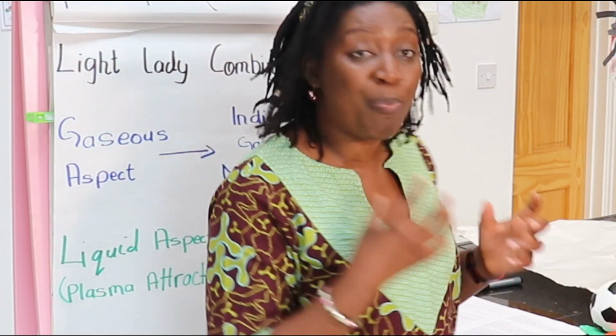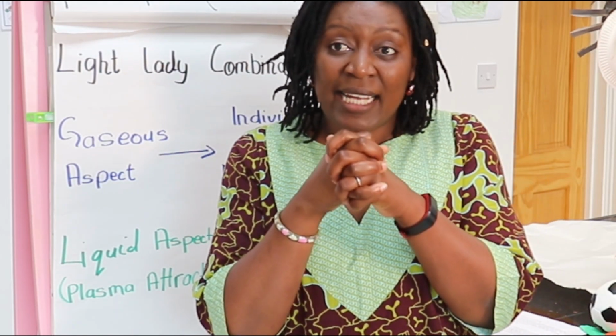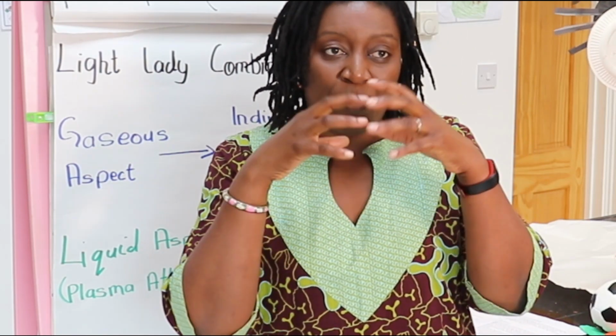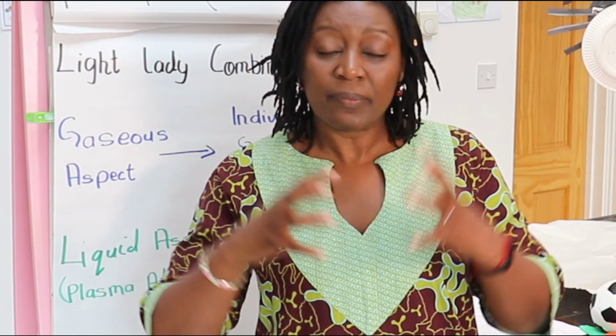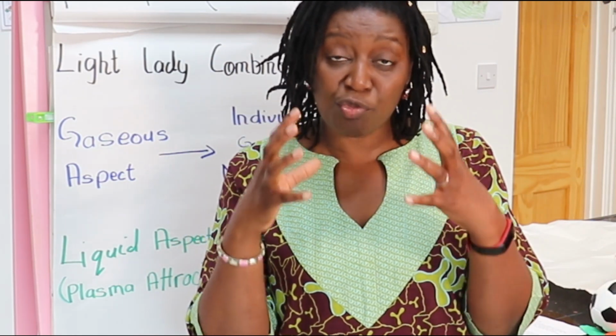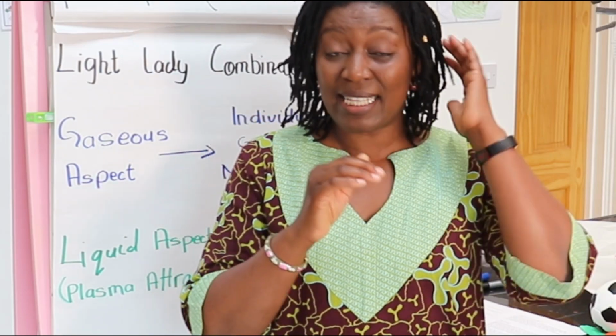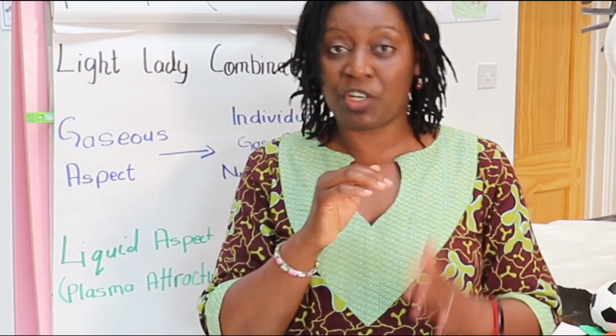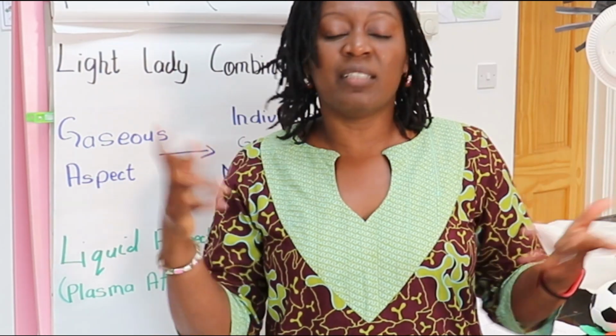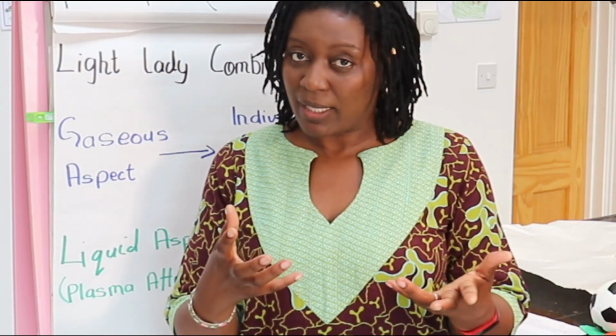They are so binding, which is one of the reasons why they appear homogeneous. There are very strong attractive forces between the liquid and the gas aspect, very drawn to each other, and the liquid, gas, and solid aspect.